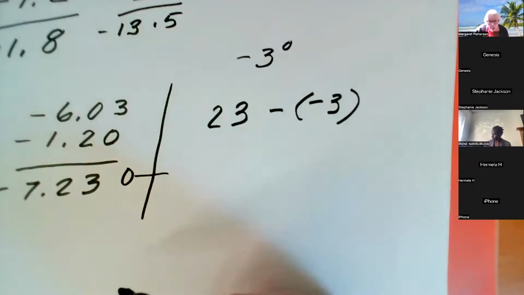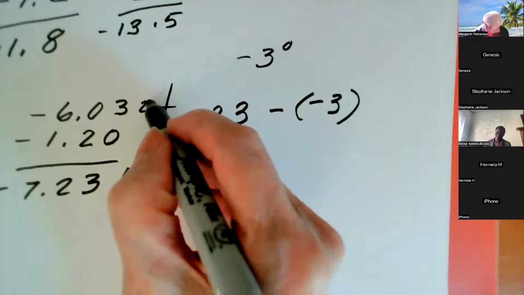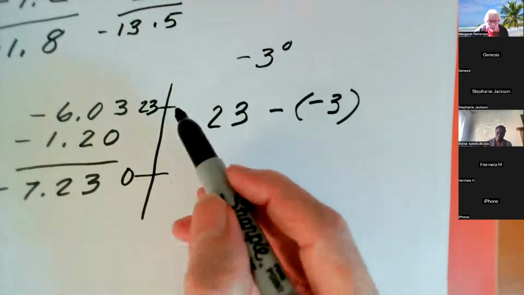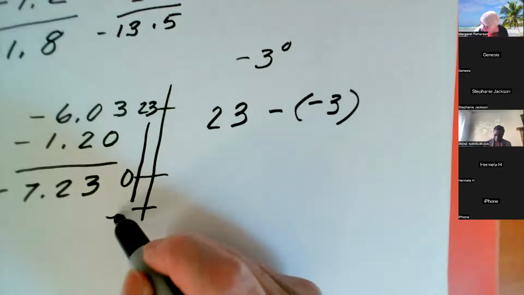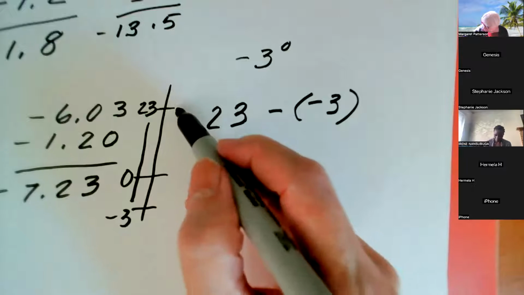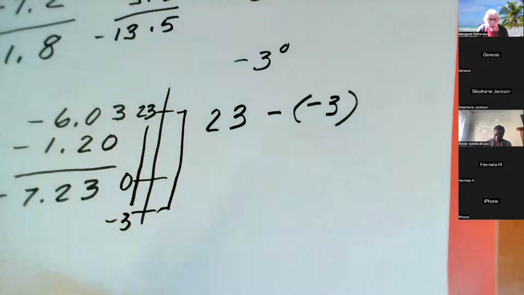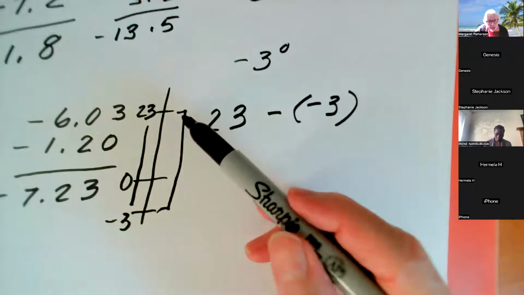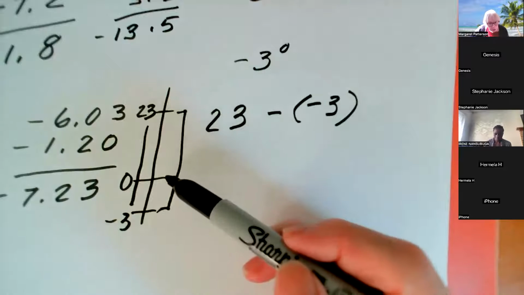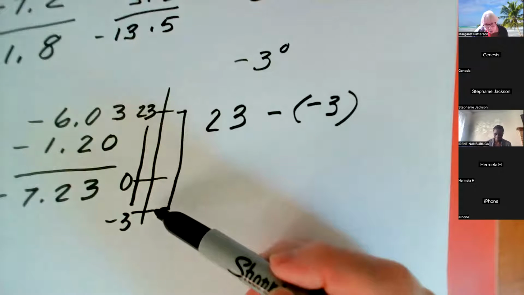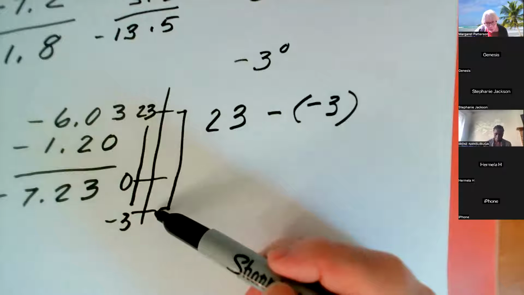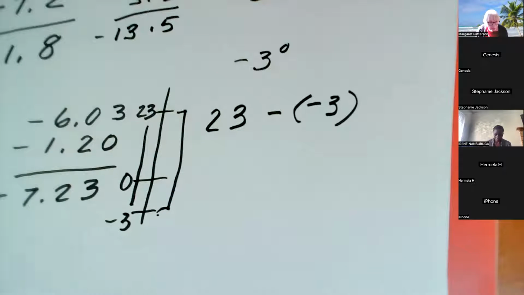This is the thermometer. And if you were at 23 to start with, that was the morning temperature, but then it's dropping to -3. Can you see that the difference is more than 23 degrees? It's the 23 degrees plus the 3 more to go below zero. Can you see it's going to be 26?